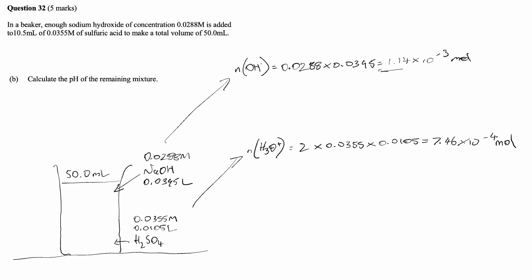Okay, we have that many moles of hydroxide, we have this many moles of hydronium. It looks like we're going to have hydroxide in excess, but let's work out by how much.